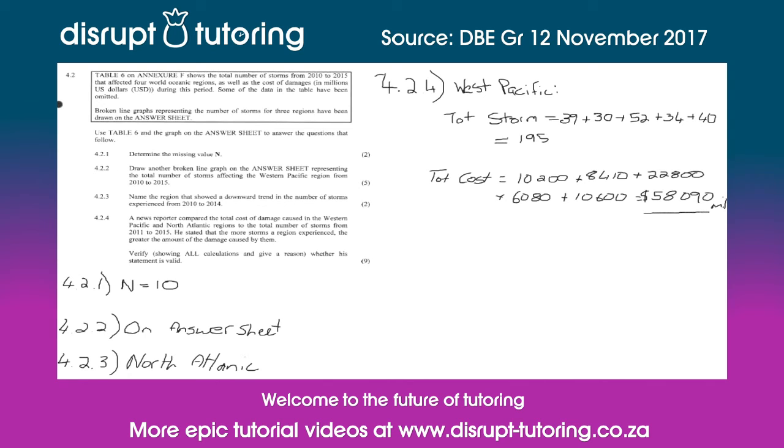So 58,090 million US dollars. So that was the total cost. Total amount of storms is 195. Now we're going to do the same thing for the North Atlantic. So we need to get the sum. So the North Atlantic region, we have the total storms.